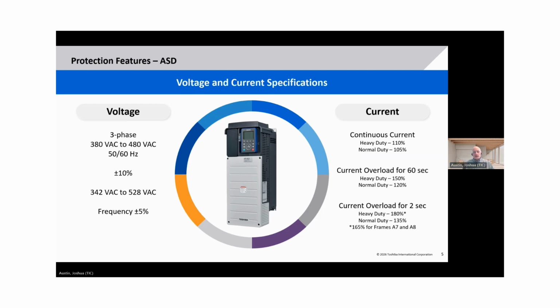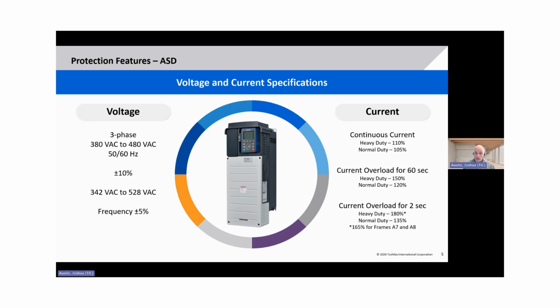Now, different drives or different manufacturers may also have different duty ratings. So that one VFD, one drive, one ASD may be able to be configured for different current ratings and different power ratings depending on the selection.